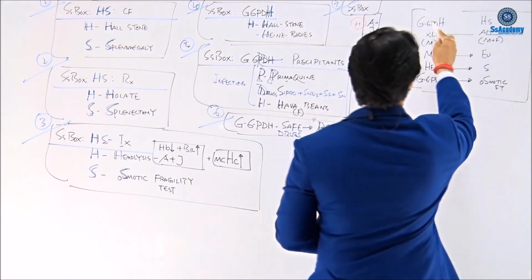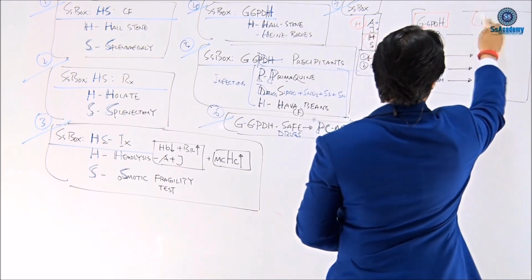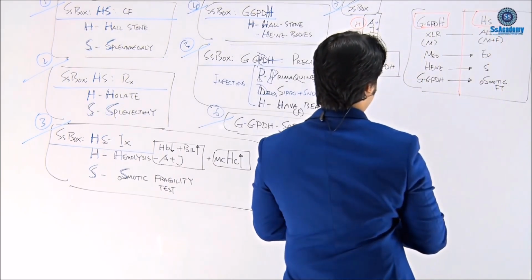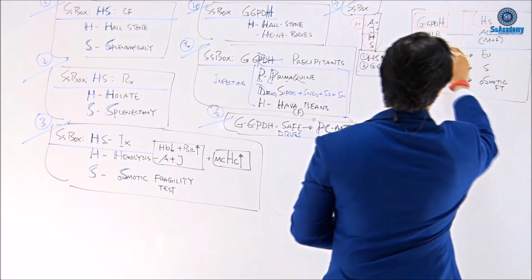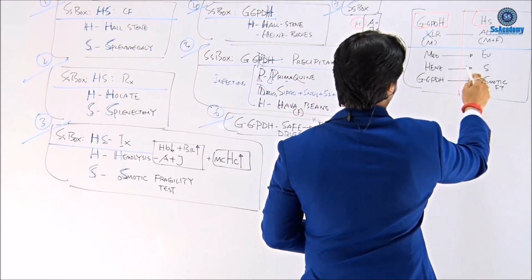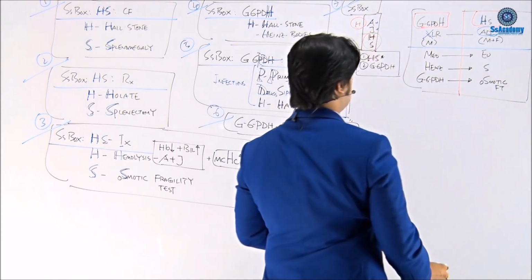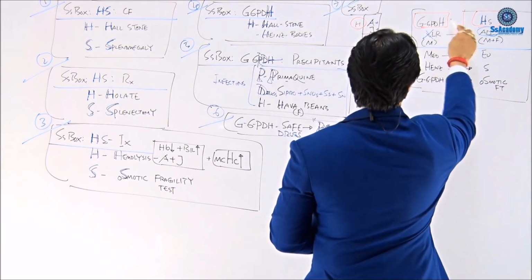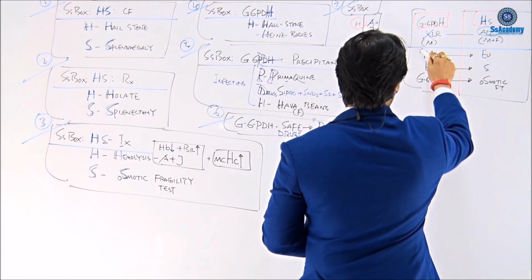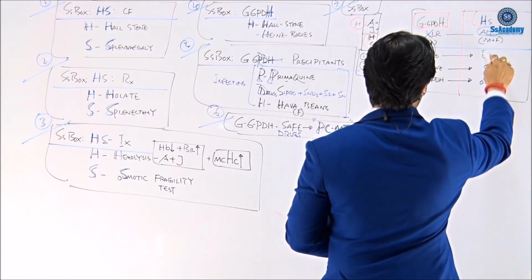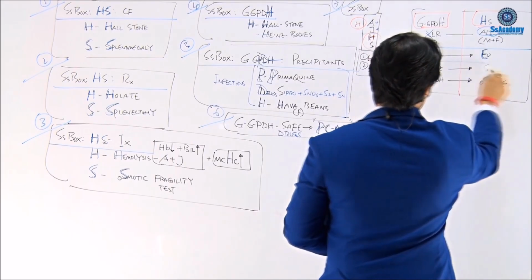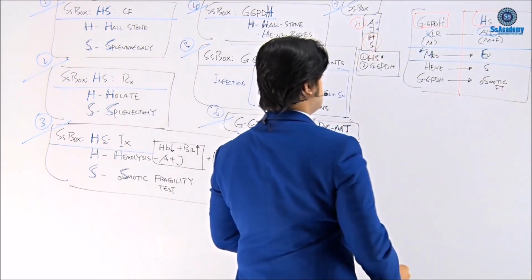So how to differentiate between these two? Differentiating points, you see: G6PD is an X-linked recessive disorder, and hereditary spherocytosis is autosomal. G6PD is Mediterranean; in contrast, hereditary spherocytosis is in European descendants.